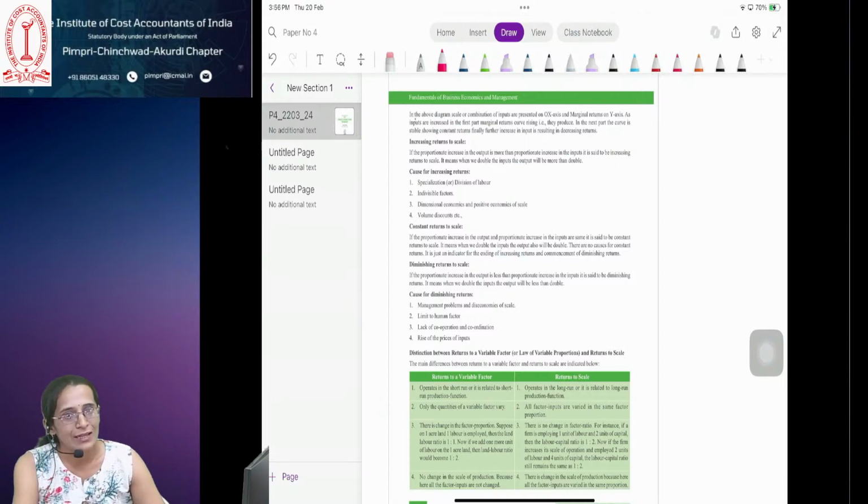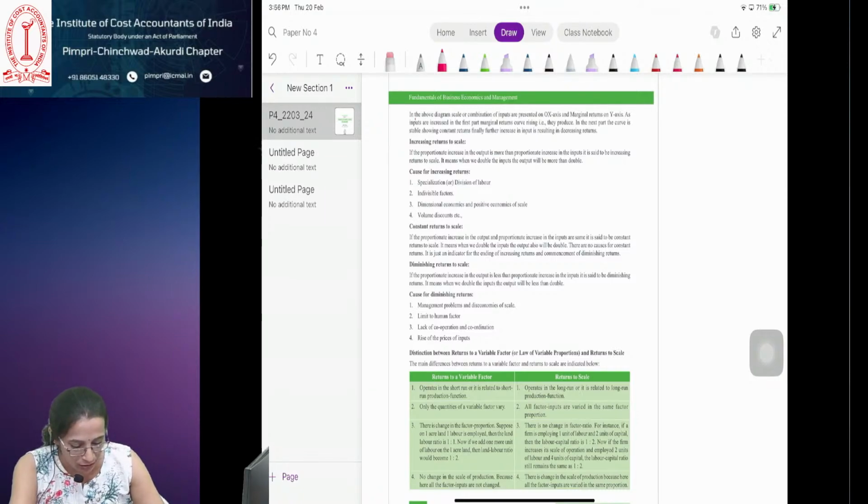So there might be some problems in that organization, like proper management is not done, proper coordination is not there, or the raw material that they are bringing in is at a very high cost, so the cost of input is more, and we are not getting a sufficient increase in the output. So those may be the reasons for diminishing returns.